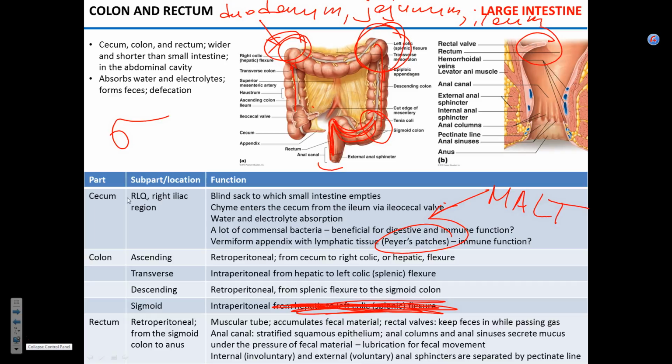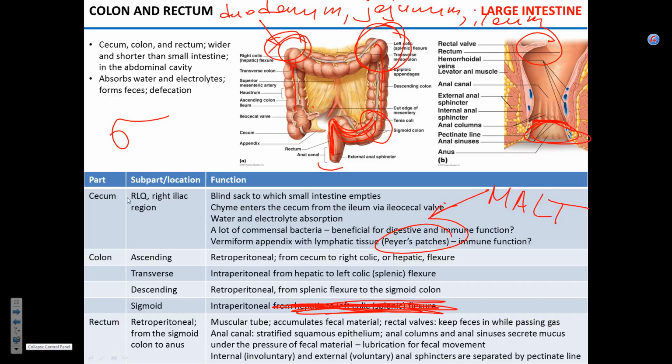Now, all the way up until pretty much this line, the pectinate line, the lining is simple columnar epithelium. After the pectinate line, it's stratified squamous. So here's the stratified squamous epithelium. Does that make sense? Because feces are hard.